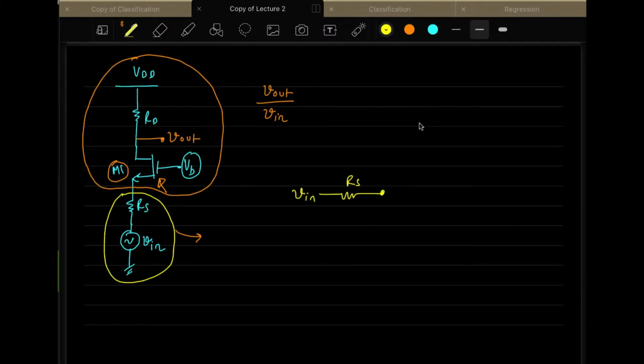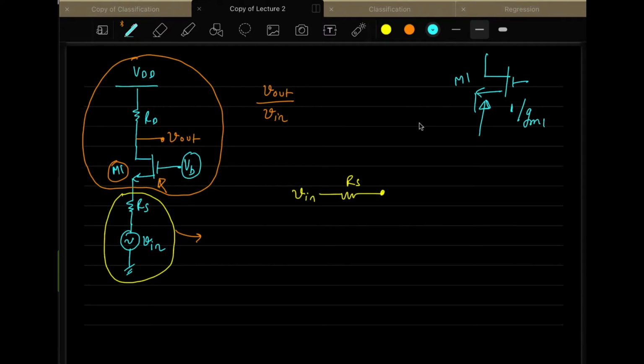But the important thing now is this MOSFET M1. If you see carefully, in our earlier lectures also, what we were discussing is, if you have a MOSFET like this, and you are looking from here, and you want to see the resistance of this MOSFET M1, then this resistance will be 1 over gm1.